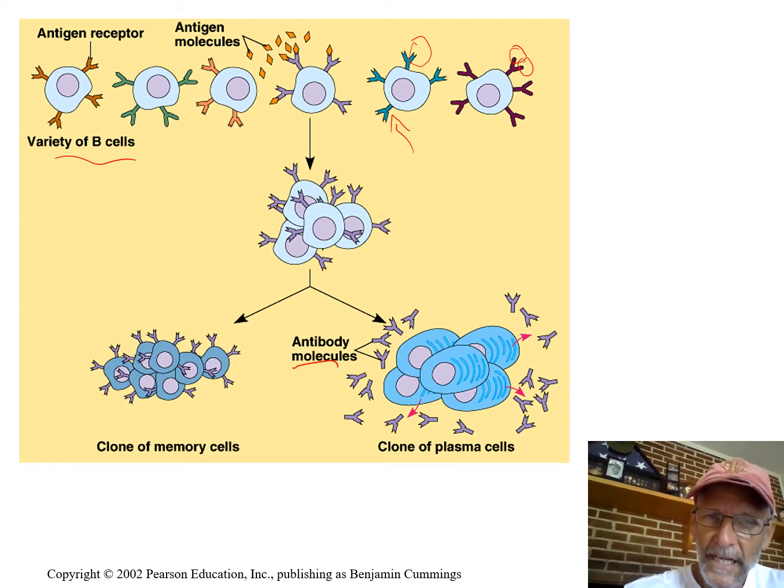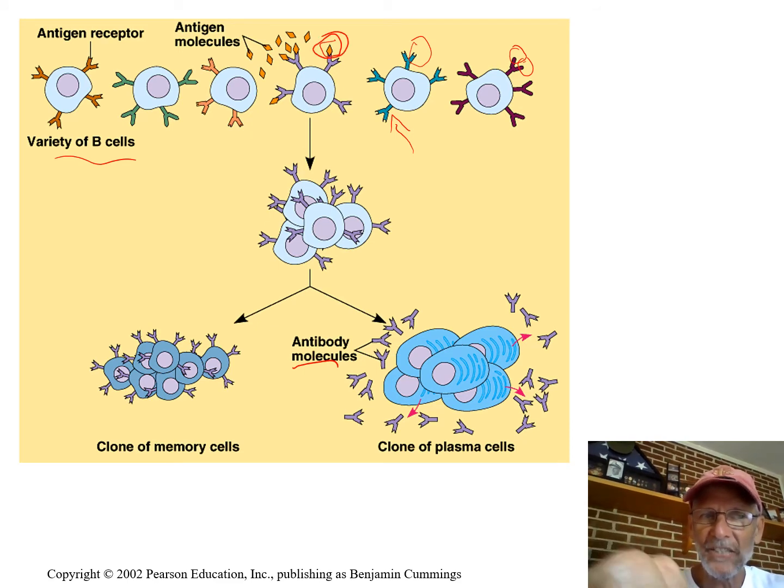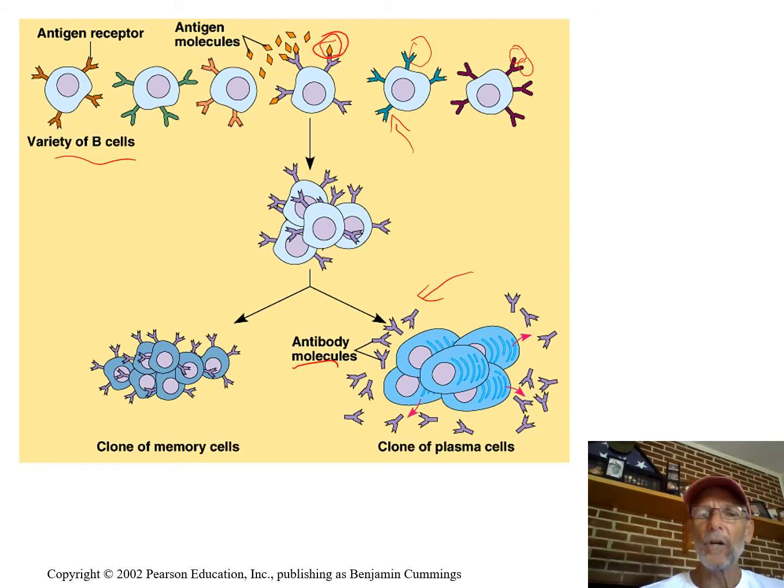See how they're Y-shaped? They are Y-shaped proteins. We call them receptors if they're doing the job of receiving. You can see here they're connecting to an antigen molecule. But when they make them and then release them, then we call them circulating antibodies.